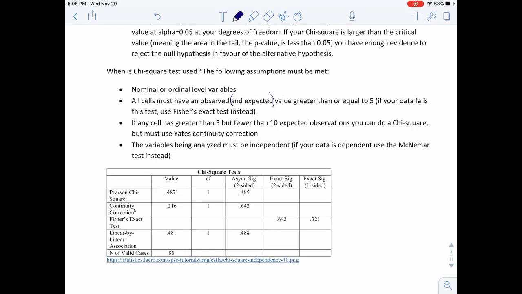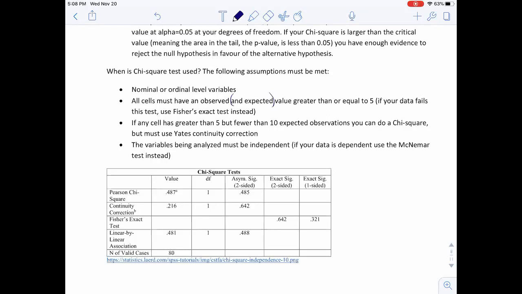If we do, we can do the chi-squared, but we have to apply Yates continuity correction, which we didn't talk about besides, okay, this is when you would use it. We didn't talk about what it is or anything like that. But you would do a chi-squared with a Yates continuity correction, just to correct for those small sample sizes.